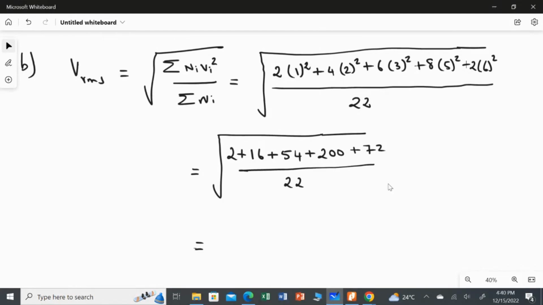Now I have to add the top: 2 plus 16 plus 54 plus 200 plus 72. I got 344.